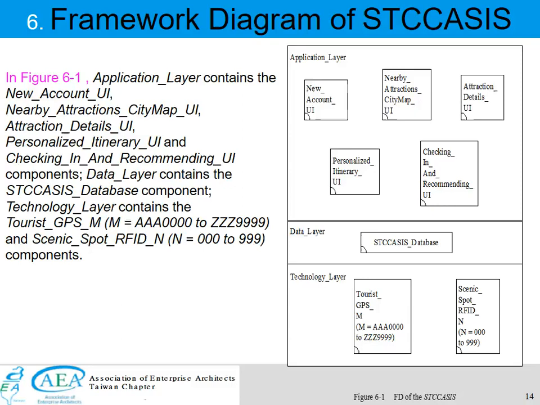The first layer, the upper layer, called application layer, consists of 5 components. Then the second layer, called data layer, is composed of the STC AXIS database component. The bottom layer, called technology layer, consists of 2 components.